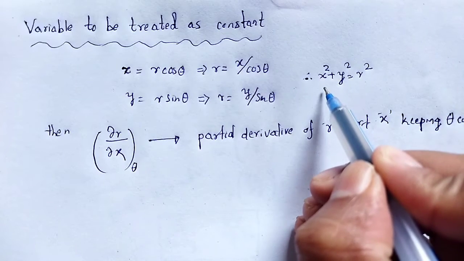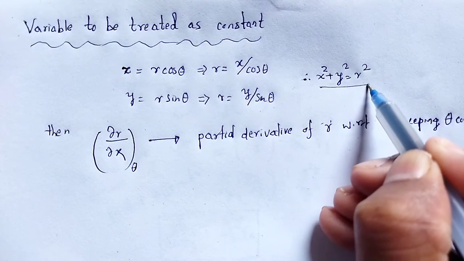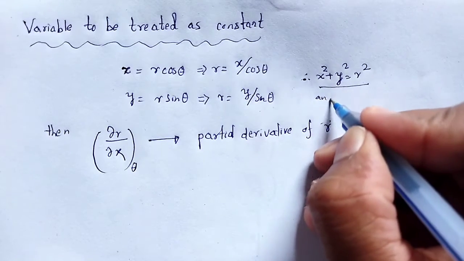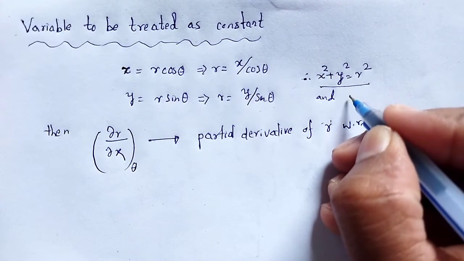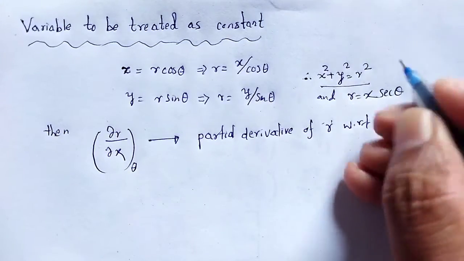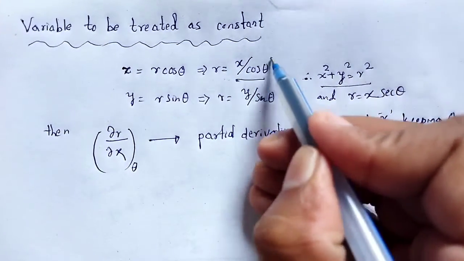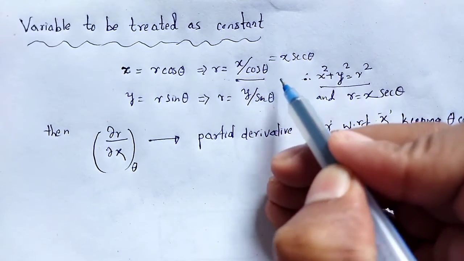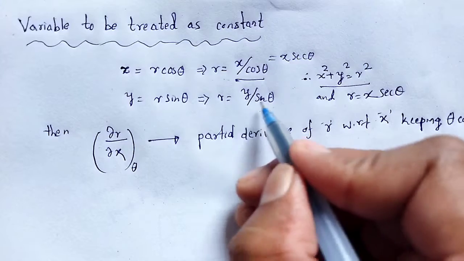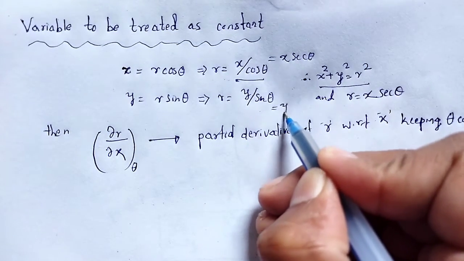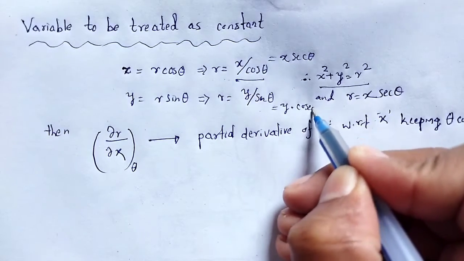That means the equation becomes x square plus y square is equal to r square, and r is equal to x sec theta, that is x by cos theta. 1 by cos theta equals sec theta. Again r equal to y by sin theta, we also write it as y into cosec theta.